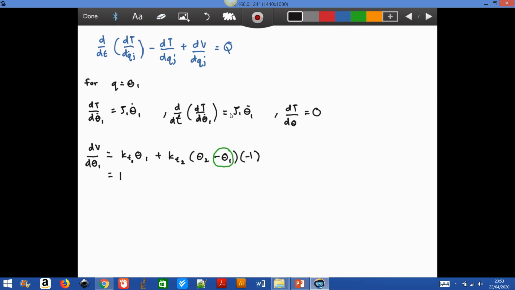So we get kt1 theta 1 minus kt2 (theta 2 minus theta 1).